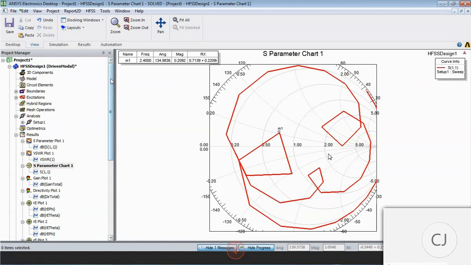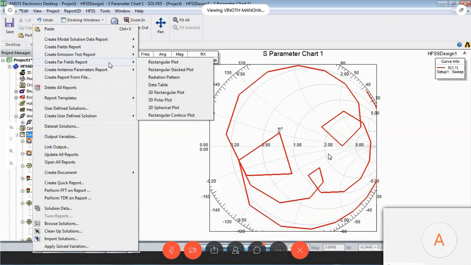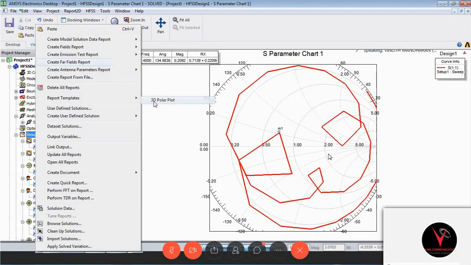Sir, how to display the 3D radiation pattern on a simulated antenna? The same thing. You just select results and go for a far field report, then create rectangle. Far field report, 3D polar plot.